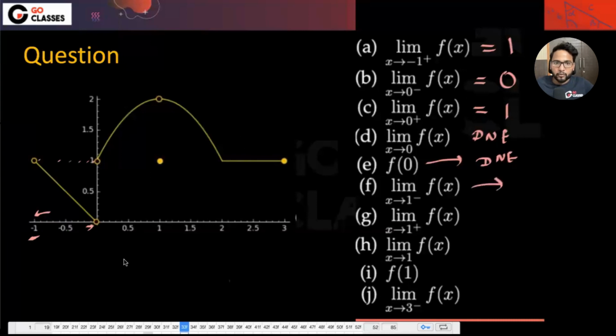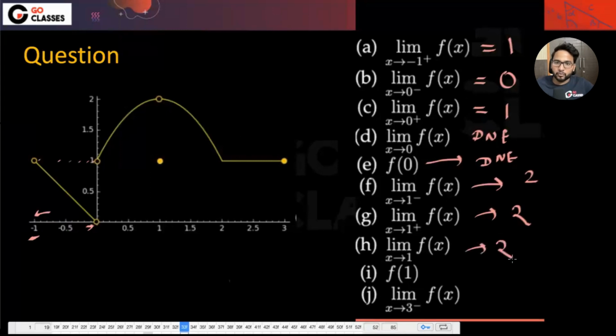At 1, let's talk about 1. If you go from the left, it is approaching 2. If you go from the right, it is approaching 2. At 1, it does not exist, right? No, yeah, it exists. So at 1, it exists, and what is the value?